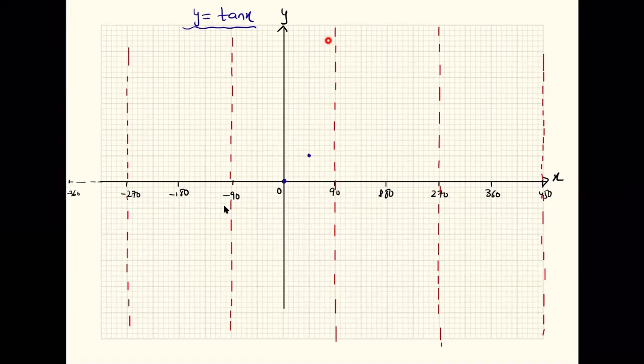Tan of 85, even tan of 88. Just make sure your calculator is in degree mode. Tan of 88, you are going to get 28.636. That means that the value of the tan function keeps on increasing as you increase the angle. But that angle should always be less than 90 degree.